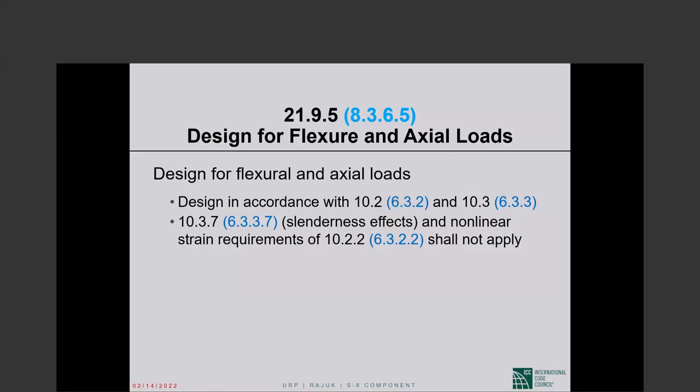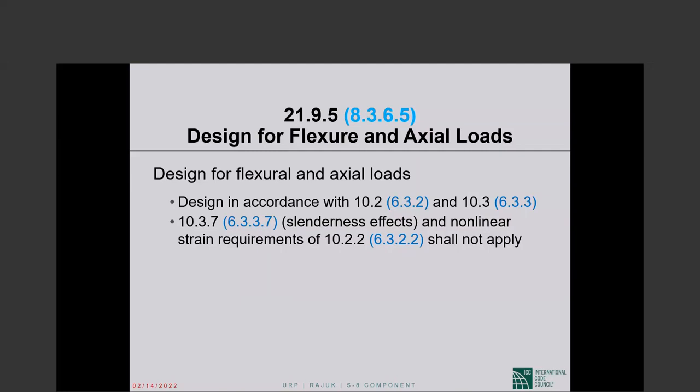So 94 UBC said, for the purposes of designing for flexion and axial load, a shear wall is no different from a column. The entire cross-section is effective, the flange as well as the web. So when we design a shear wall for flexure and axial load, it is the same as column design.